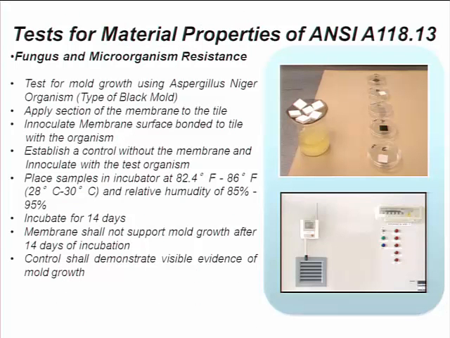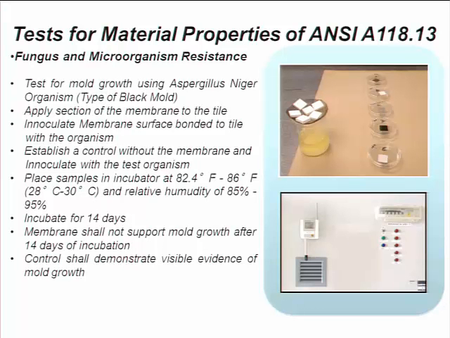Looking at the materials and the properties, one of the tests relates to fungus and microorganism resistance. Now this is a test where you would take the existing membrane that you are going to be testing and compare it to a control. And your approach is designed so that on the control you definitely want to have the Aspergillus niger, which is a type of black mold.